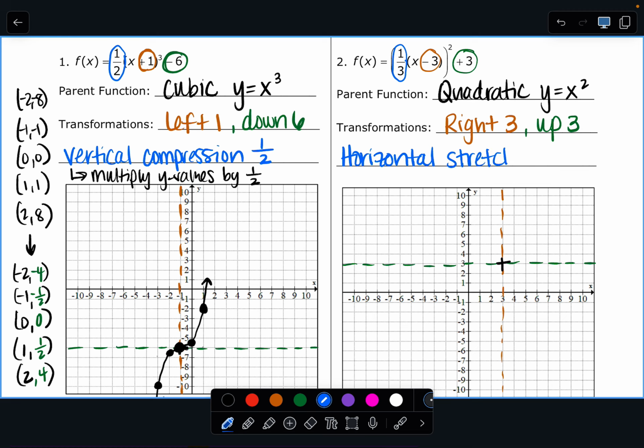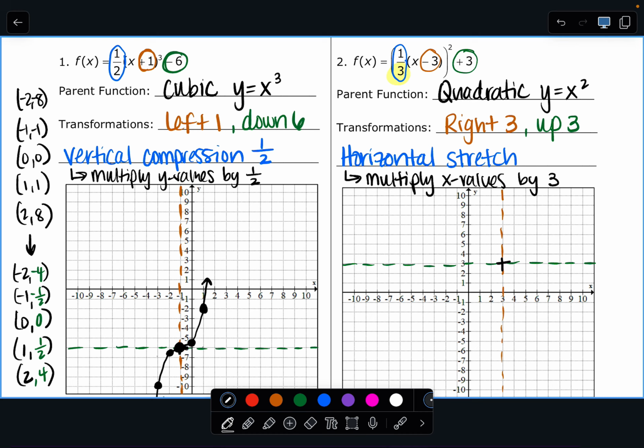Now this is the tricky part, because the way we actually apply a horizontal stretch is we multiply the x values by 1 over b. And I told you, in order to simplify this for yourself, don't think too hard about it. Whenever you see this fraction, you are just multiplying by the denominator. So I am going to multiply the x values by 3.